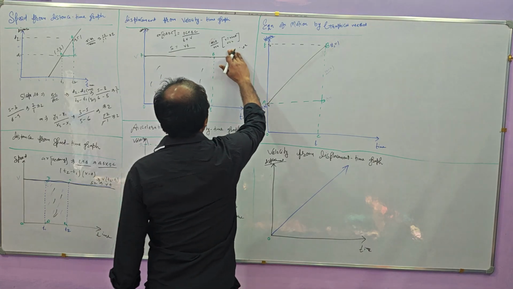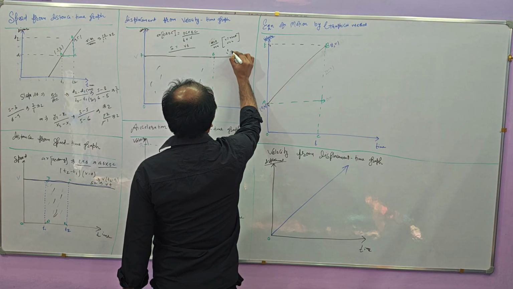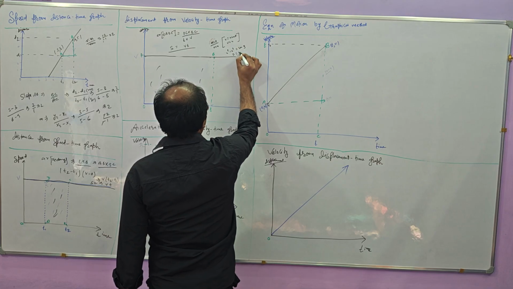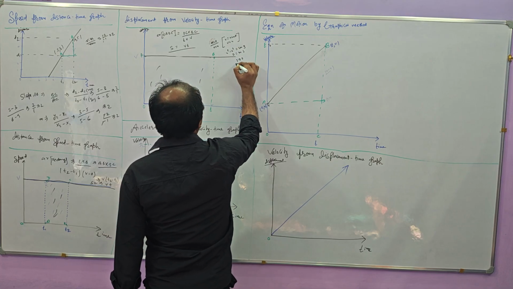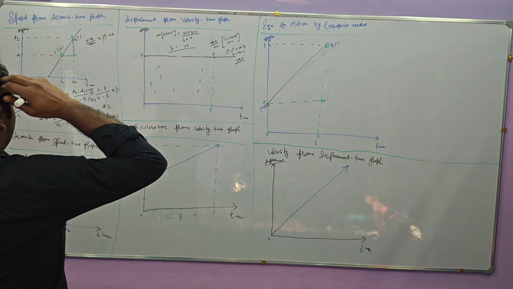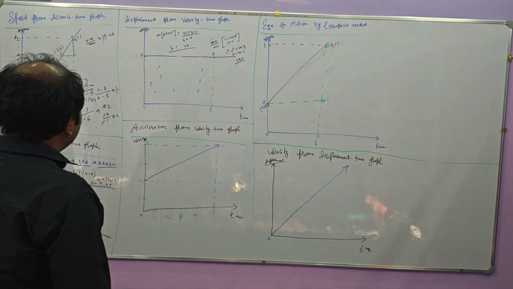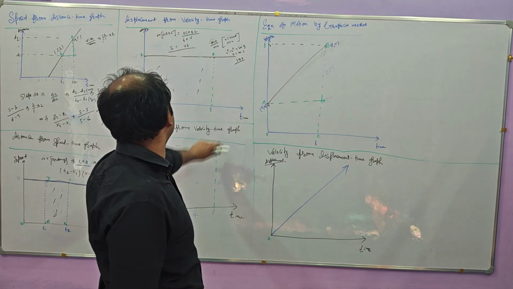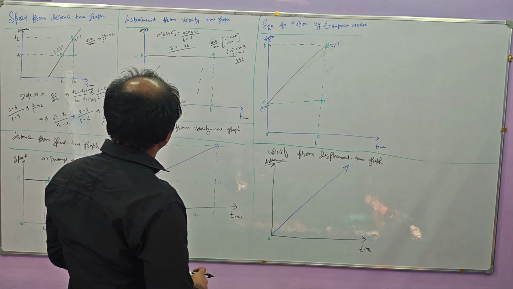Otherwise, v square minus u square is equal to 2as. v is equal to u, that means 2as has become 0. Displacement is 0 in this case. If we consider this, that is right, otherwise this is wrong.